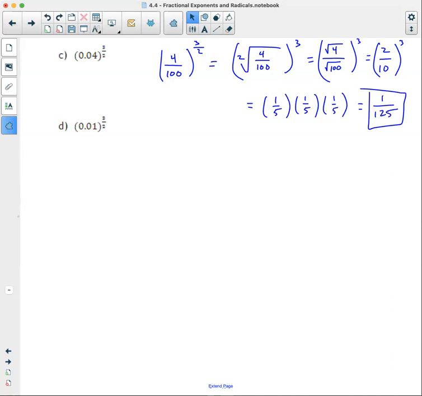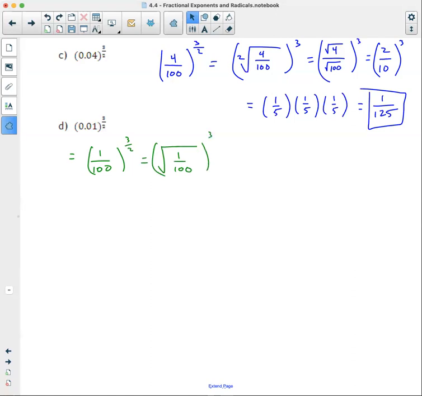Okay. So let's convert this into a fraction first. So 100th is 1 over 100 to the exponent 3 over 2. So we're taking the square root of 1 over 100 to the exponent 3.